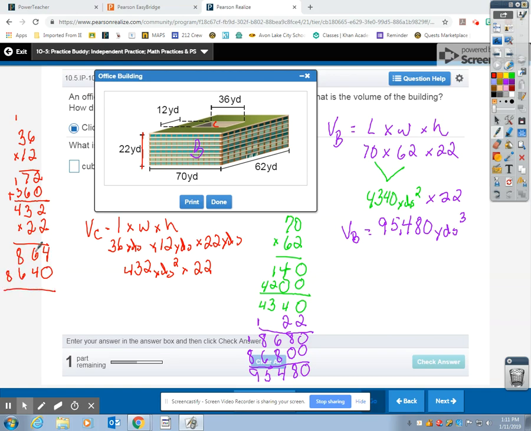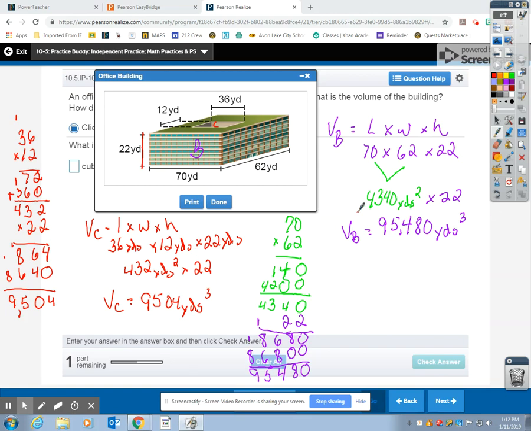And then we're going to add these all up, and I get a 4. 6 plus 4 is 10. 8 plus 6 is 14, plus 1 is 15. 8 plus 1 is 9. I get 9,504 yards to the third power. That is the volume of the courtyard.